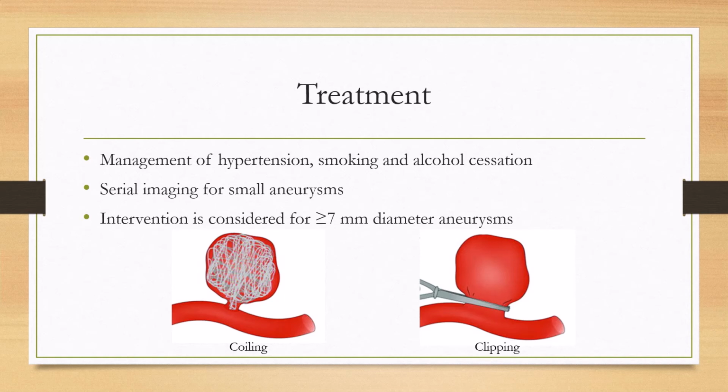And for larger aneurysms, such as those over 7 millimeters in diameter, you can consider coiling or clipping as the treatments. Coiling is an endovascular procedure, and you can also stent it at the same time sometimes. And clipping is a surgical procedure. Coiling may have a lower morbidity and mortality depending on the center that's doing the procedure.